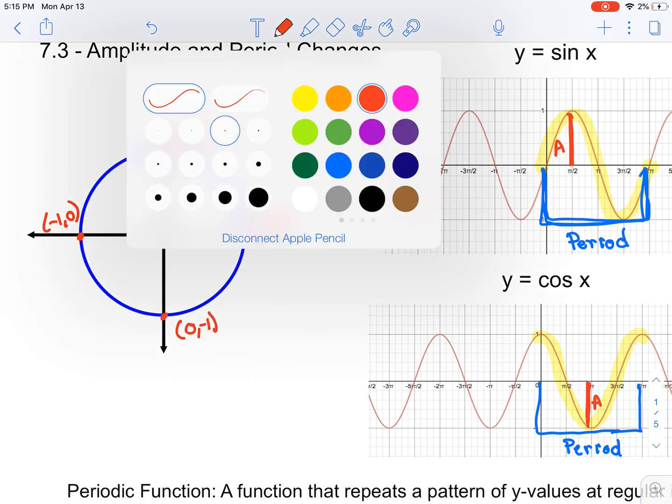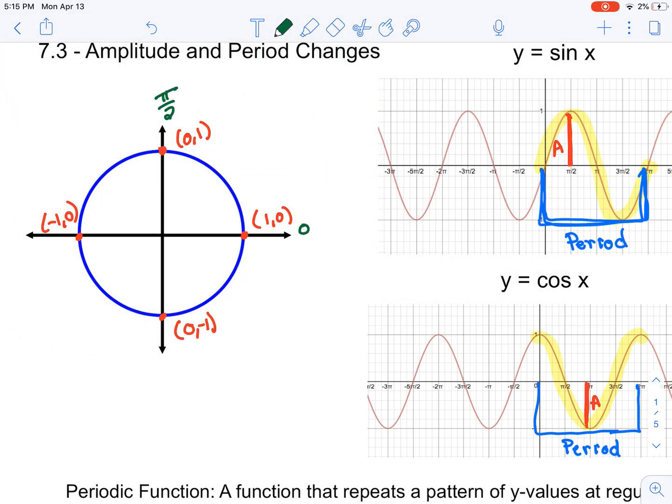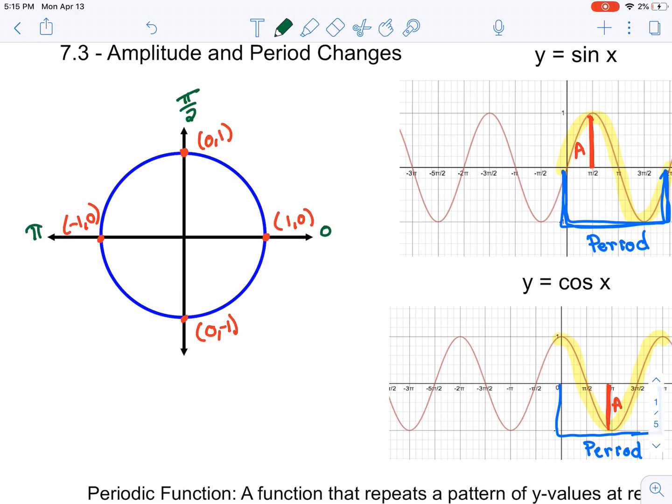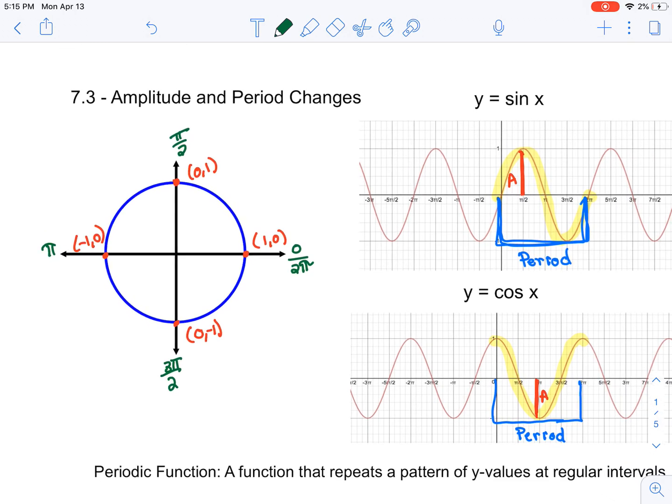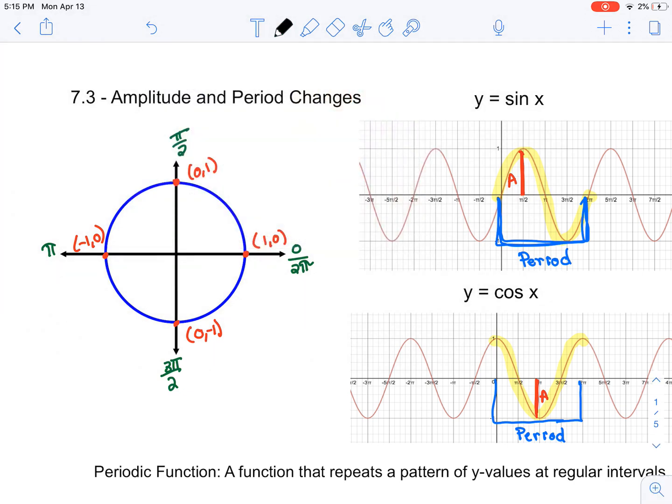And these points occur at our axes. So this is at 0, pi over 2, pi, 3 pi over 2, and back to 2 pi. So we're going to look at what our graph looks like at these critical points. So at 0, pi over 2, pi, 3 pi over 2, and 2 pi. That gives us our critical points that we use to graph.